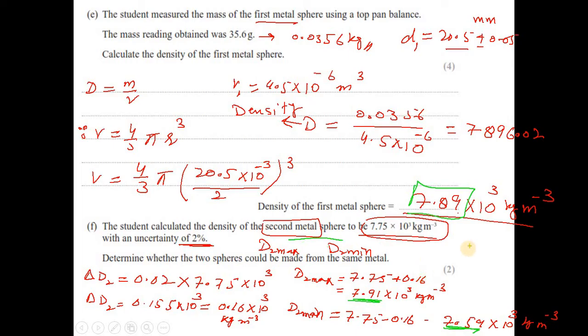That's what you need to write. So you must write that 7.89 is greater than 7.59, less than 7.91. So of course it is made of the same metal.